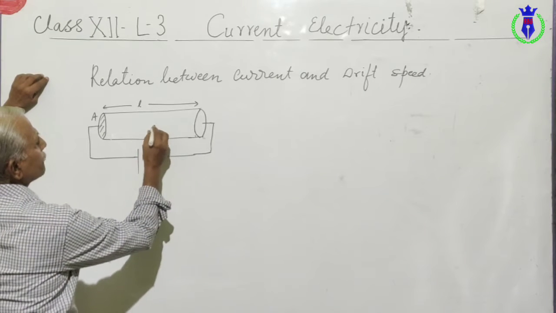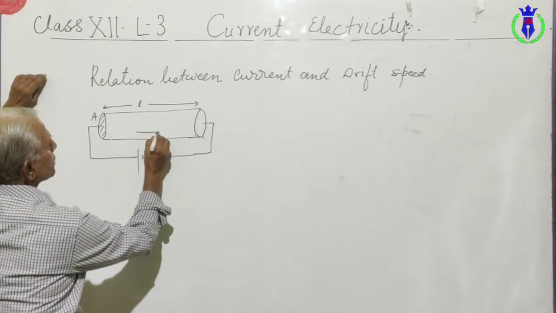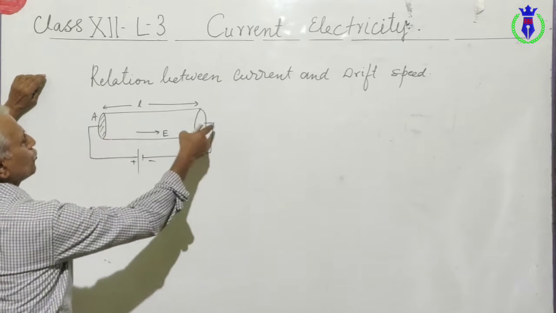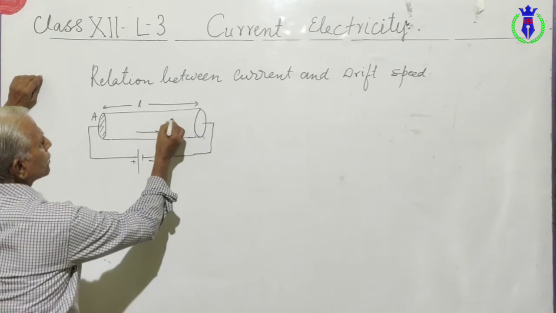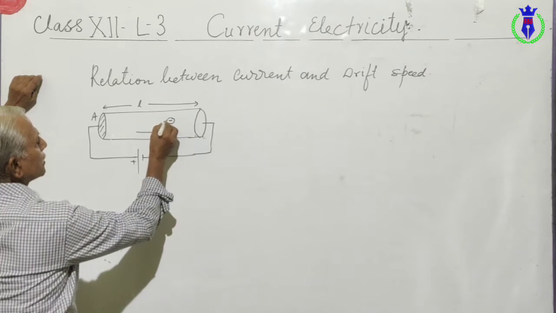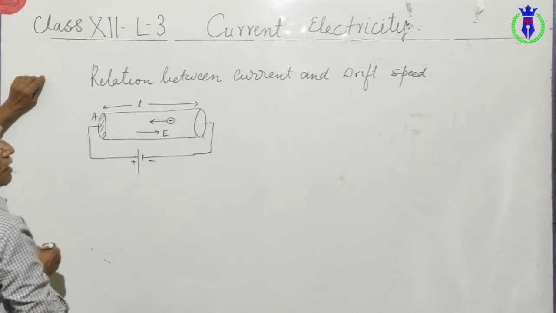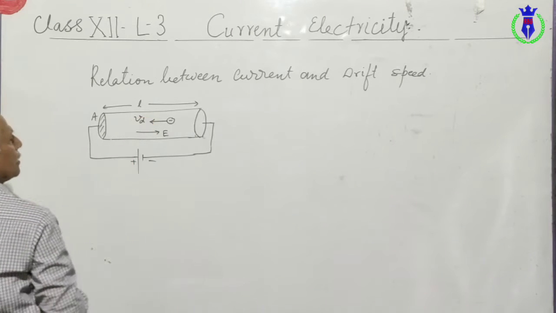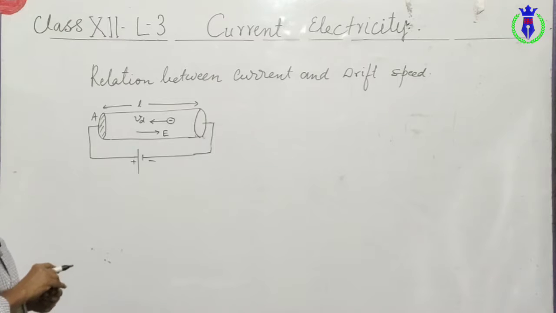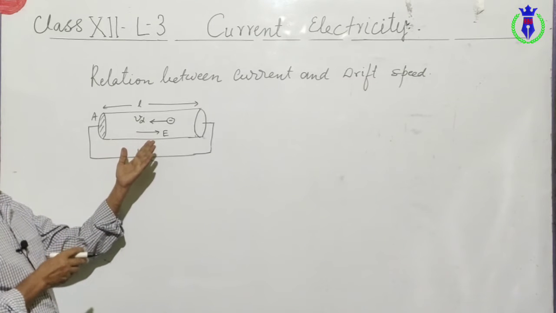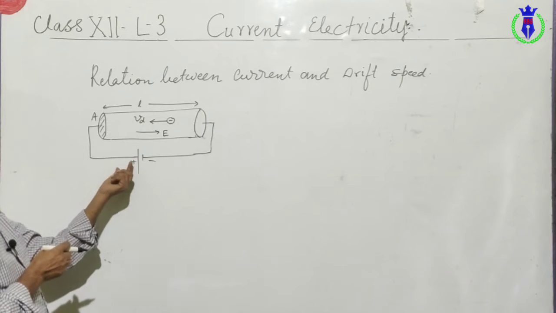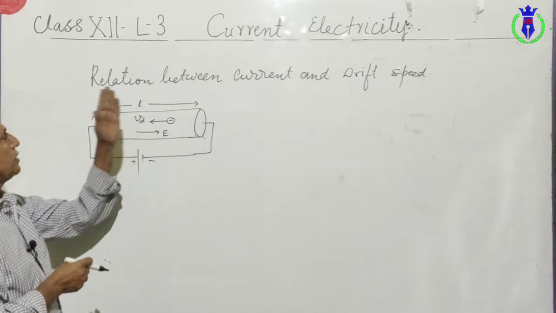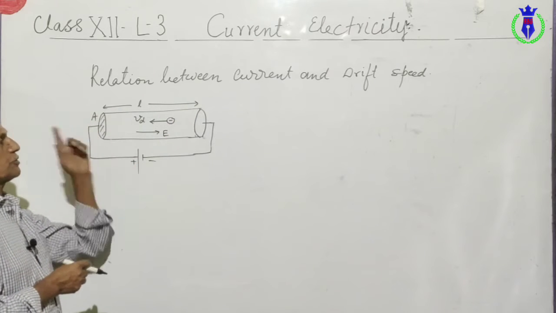The direction of the electric field is E, from positive to negative direction, and therefore the drift speed is Vd, the velocity or speed with which the free electrons under the influence of this electric field move from one end to the other, from negative side to the positive side.